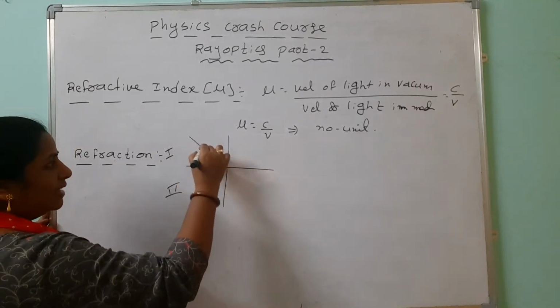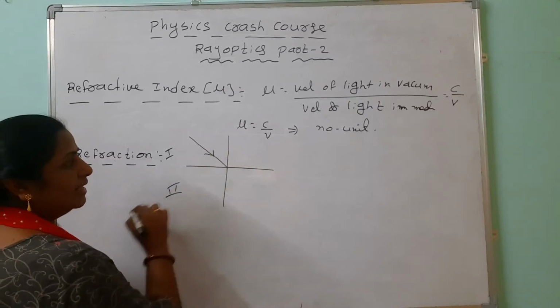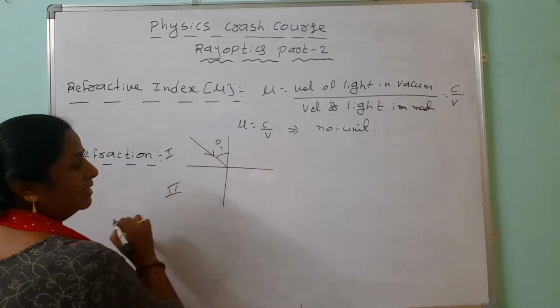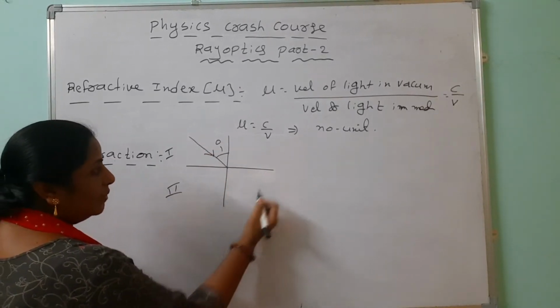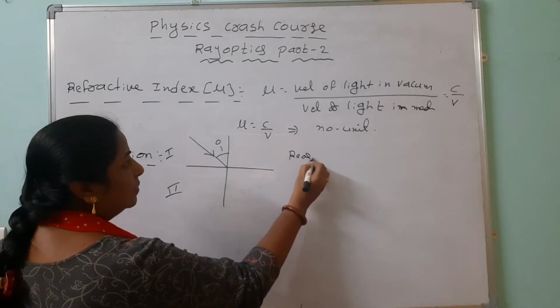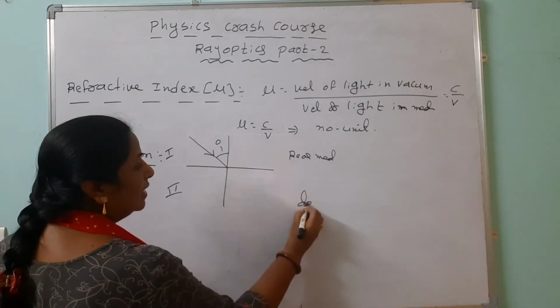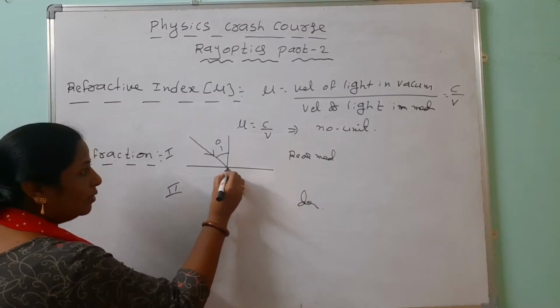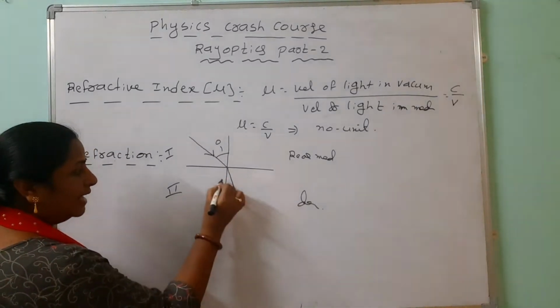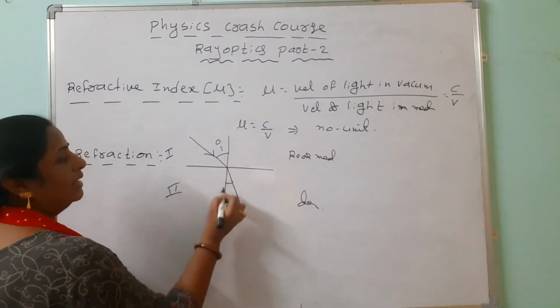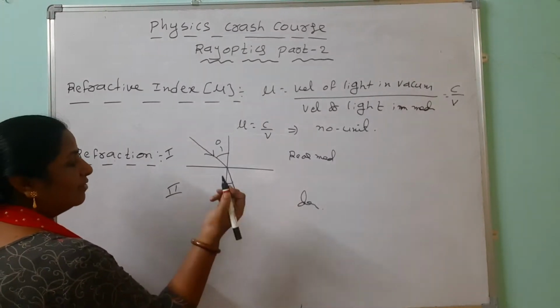When light falls on the surface, you know that this is the incident ray and this is the angle of incidence. When light is traveling from a rarer medium to a denser medium, then what happens? It is bending towards the normal. And the angle between the normal and this refracted ray is called the angle of refraction.